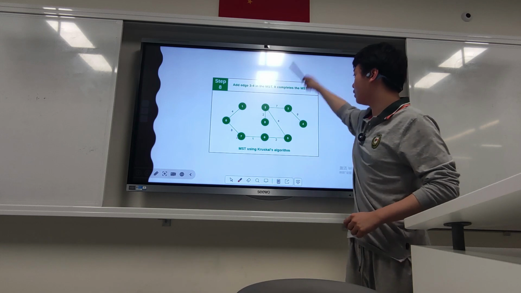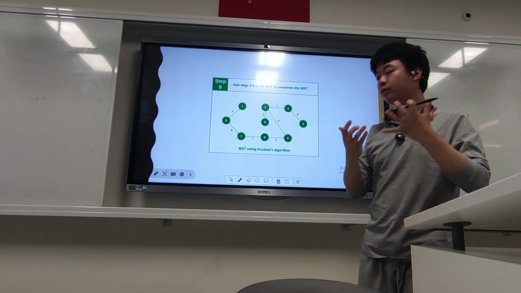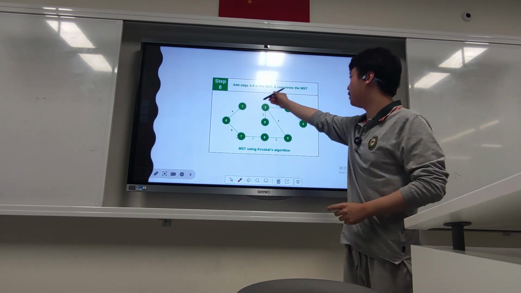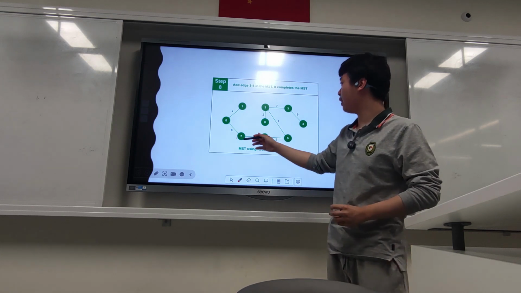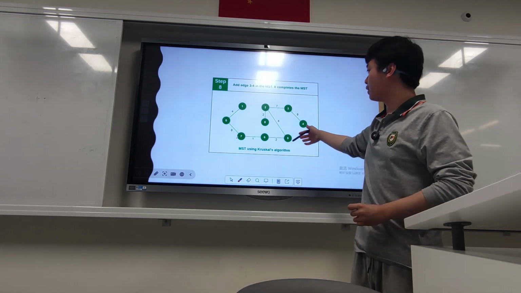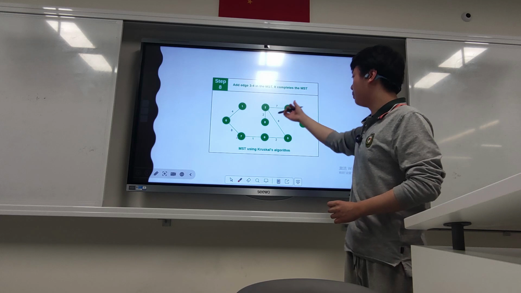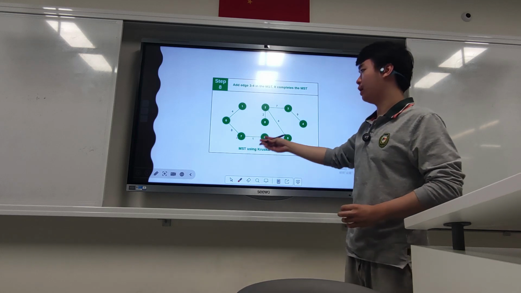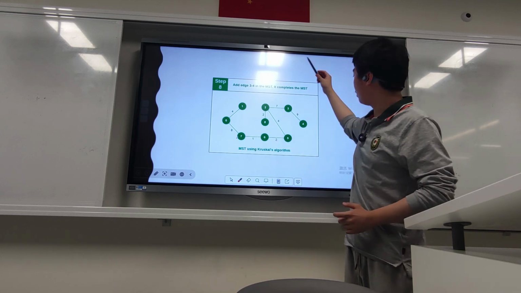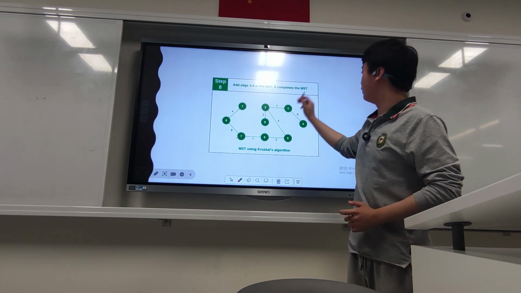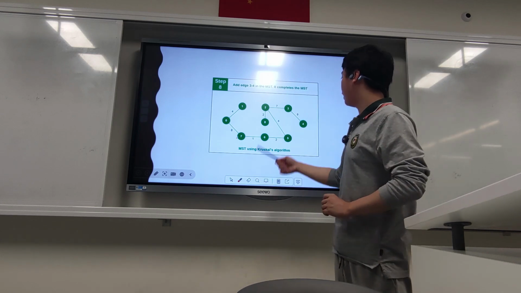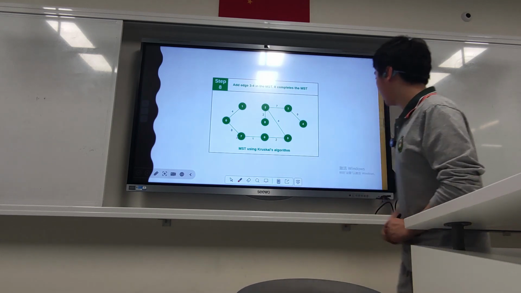You will sort the edges, and you'll add the edges one by one. If adding one edge will cause a cycle to be formed, you will just ignore it and keep the adding process on until all the nodes are connected in this graph, and it is a minimum spanning tree.